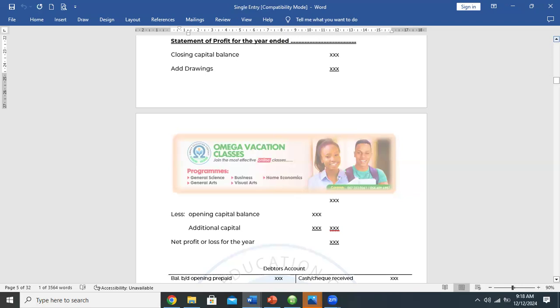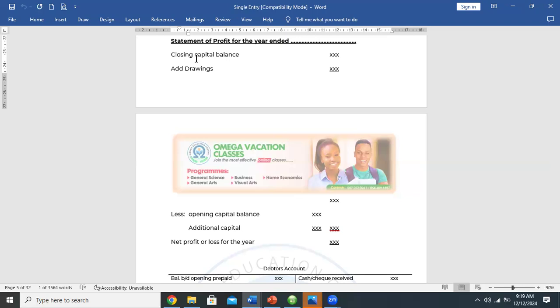So what you have to do is to use your statement of affairs to determine either the closing capital or the opening capital. And as you know, your opening capital will be your statement of affairs at the beginning of the period or opening date. And your closing capital will be at the closing date.